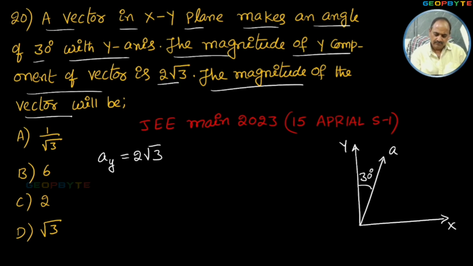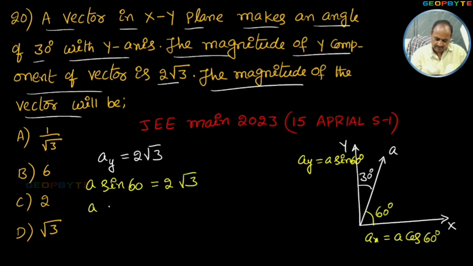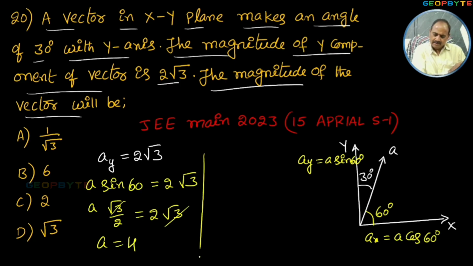With respect to the y-axis it is 30 degrees, so with respect to the x-axis it is 60 degrees. Then AX equals A cos 60, AY equals A sin 60. So A sin 60 equals 2 root 3, that is A times root 3 by 2 equals 2 root 3. The root 3 cancels, so A equals 4. That is the magnitude of the vector.